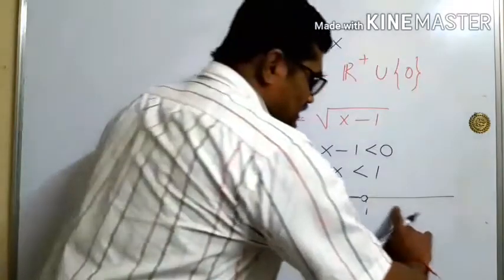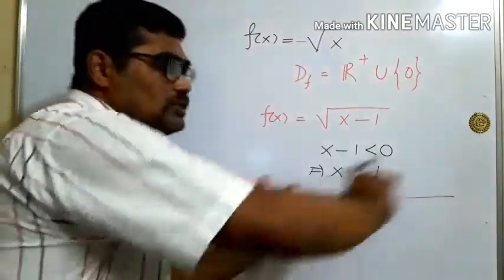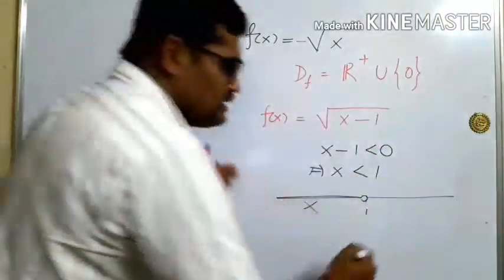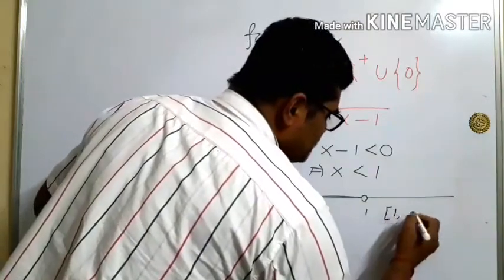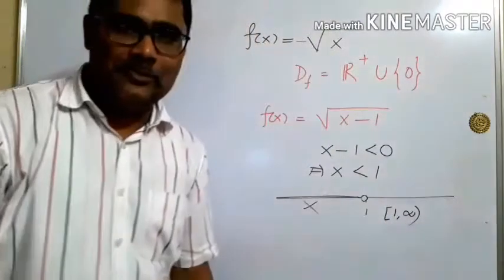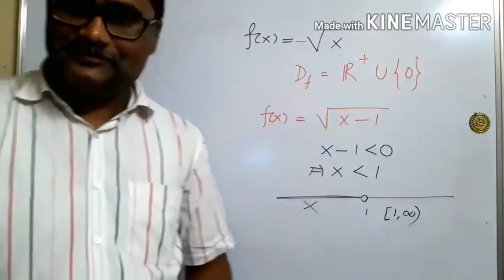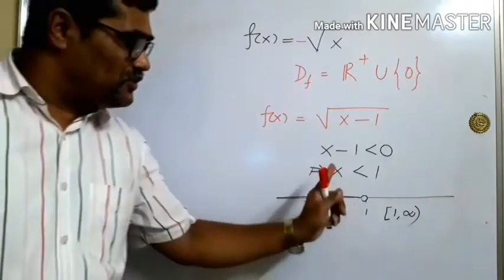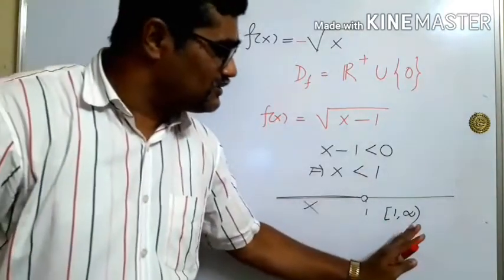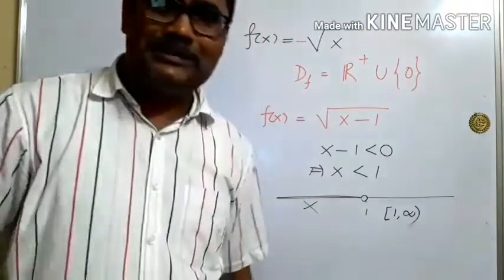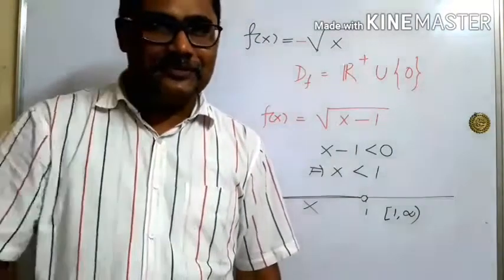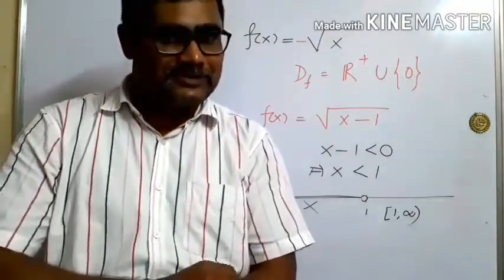So I need right from 1 towards infinity. How would I generalize it? Open interval 1 to infinity. So for this one, your domain is 1 to infinity. Have you understood this?